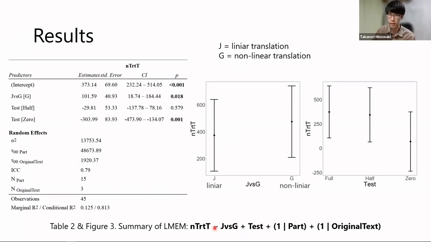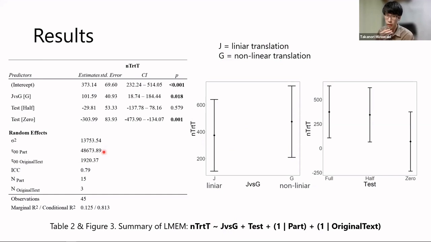It might be a bit confusing, but here J versus G means linear versus non-linear. These J and G are actually from Japanese: J means linear translation and G means non-linear translation. Table 2 and figure 3 summarize the model.